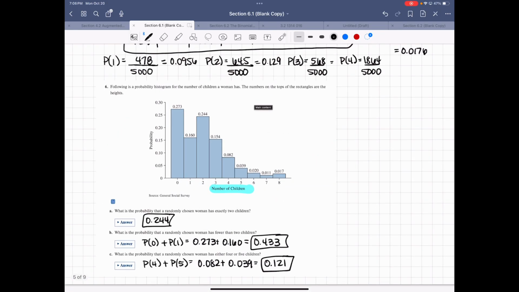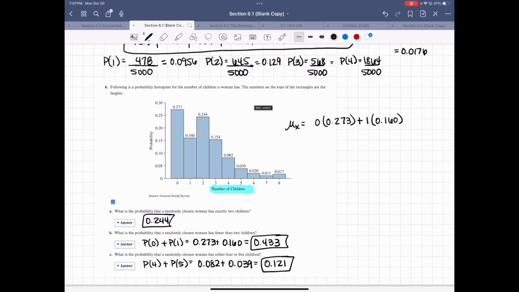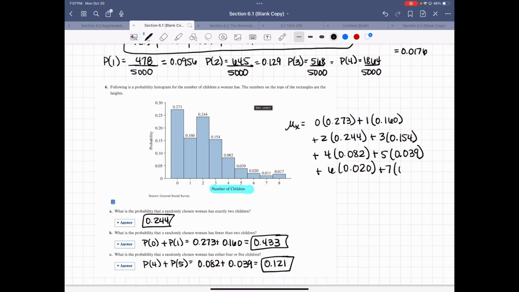So to find the mean of the discrete random variable, we would have gone 0 times 0.273 plus 1 times 0.160 plus 2 times 0.244 plus 3 times 0.154 plus 4 times 0.082 plus 5 times 0.039 plus 6 times 0.020 plus 7 times 0.011 plus 8 times 0.017.